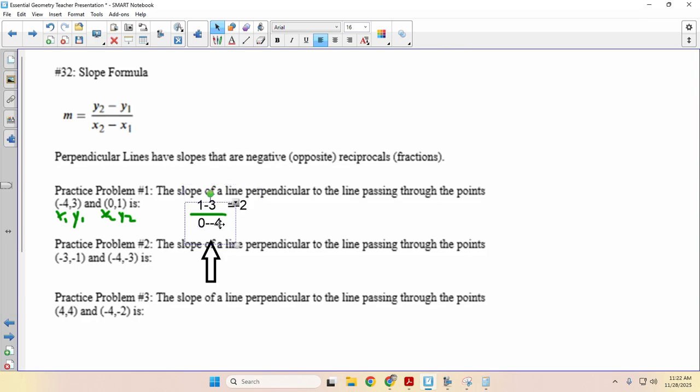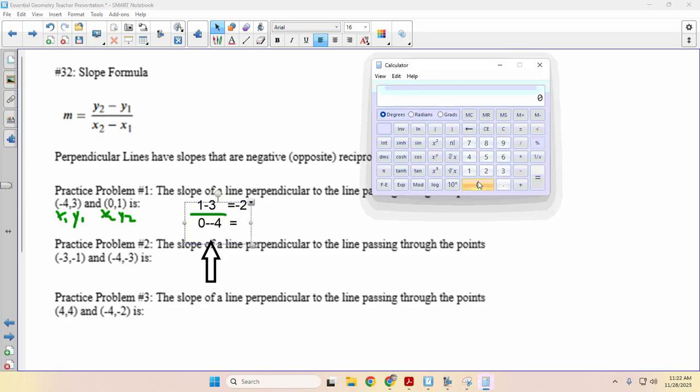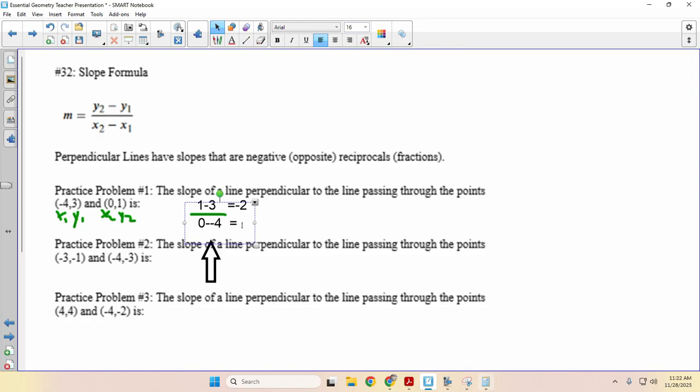And then 0 minus negative 4 equals 4. So now I have negative 2 over 4. So minus a negative ends up being positive.